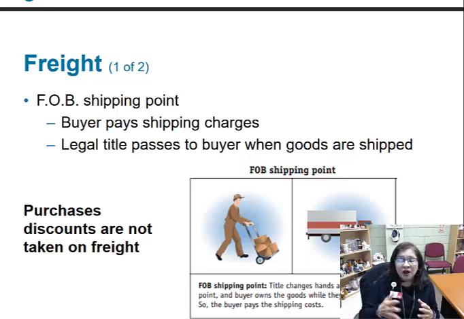Now, there are no discounts taken on freight. The discounts are done before because the vendor has made arrangements with either DHL, UPS, or FedEx for a set amount of money to say this is how much everything's going to cost when we send out.